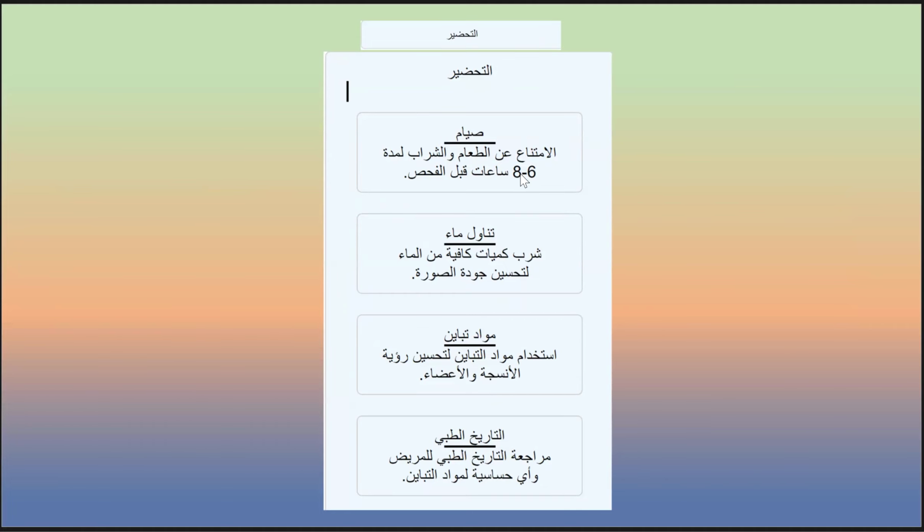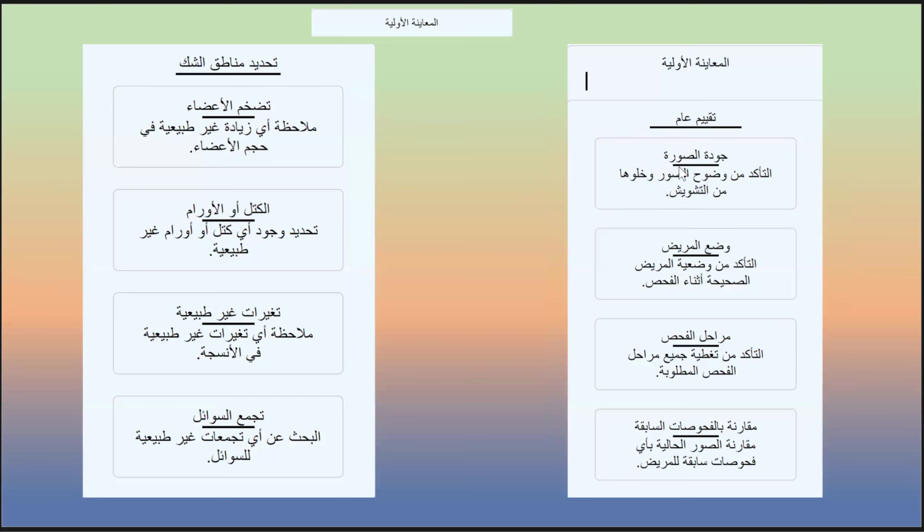Initial assessment, we have to see the quality of the image, and we see the clarity of the images and not see the noise, and we should know the patient position, and we should cover the phases of the examination, and also we should compare with the previous study.